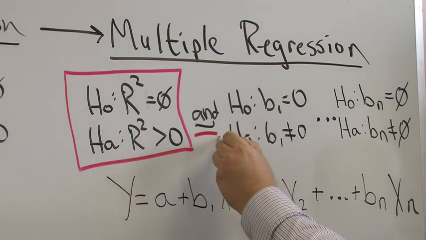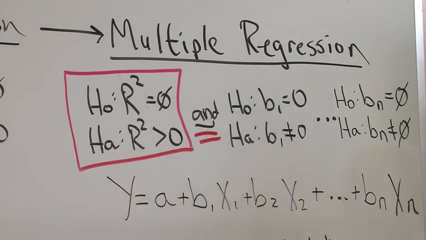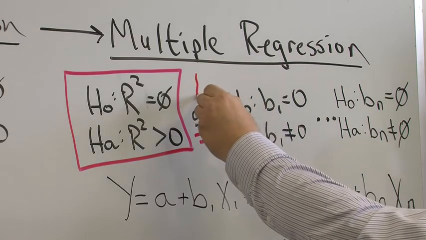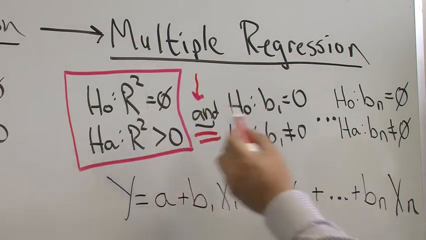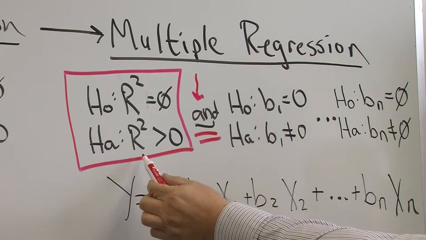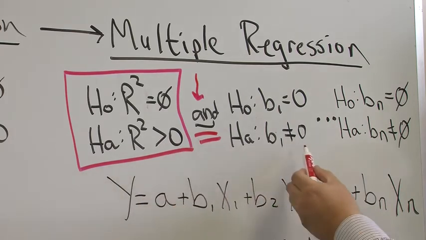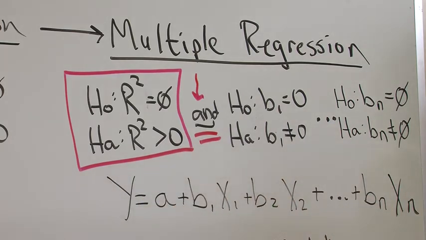But then instead of saying "or," as we did with simple regression, we say "and," because we have to do both this and this. This addresses the whole regression model. This side of the hypothesis testing addresses each of the predicted slopes for each of our independent variables.